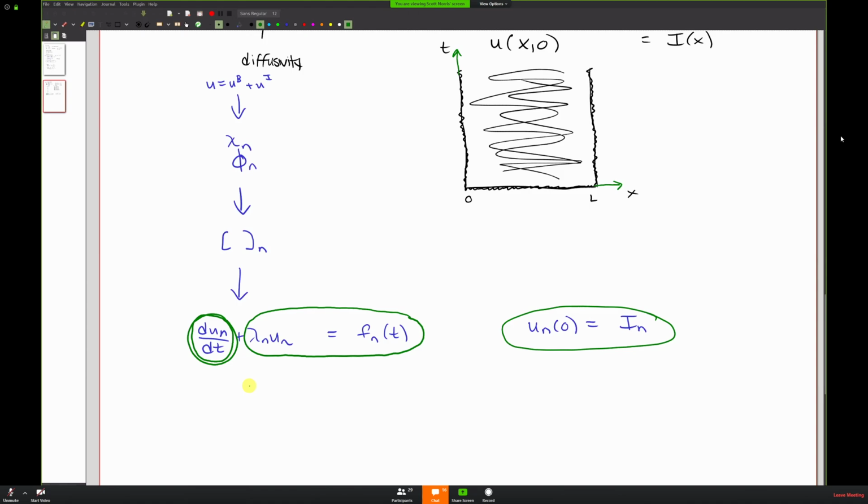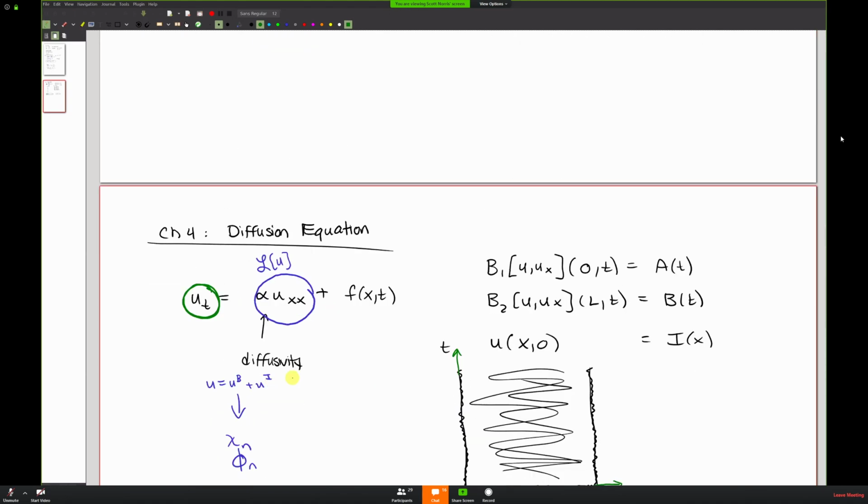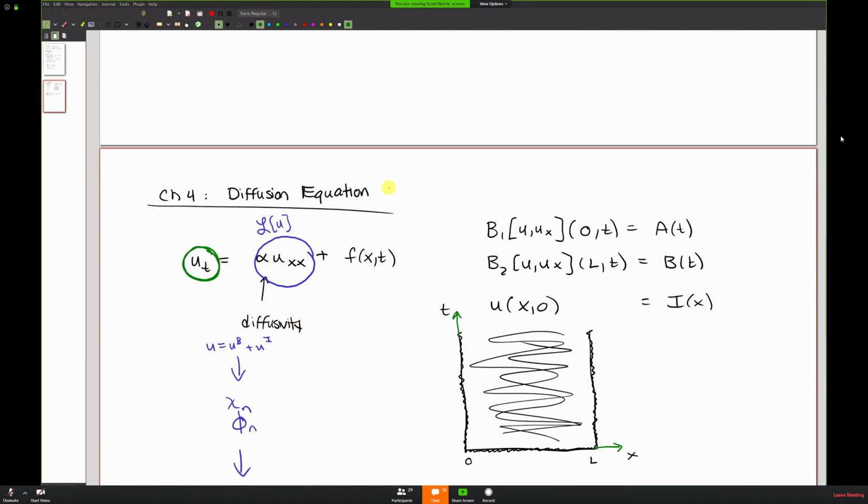So for all of these problems, should we be checking Sturm-Liouville form to make sure they are self-adjoint? Sure, yeah, just like before. In fact, that's the perfect segue into what I want to do with the rest of lecture. Here is my spatial operator, right? I identify the spatial operator LU, and yes, I need to make sure that they're self-adjoint or that I know the weight function.